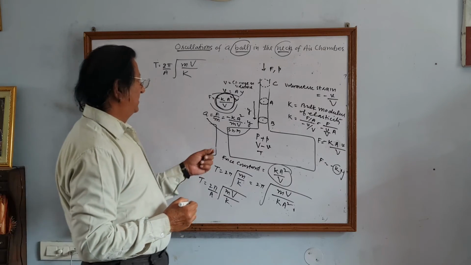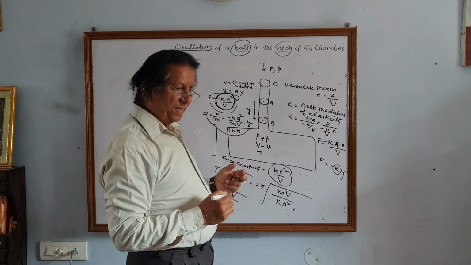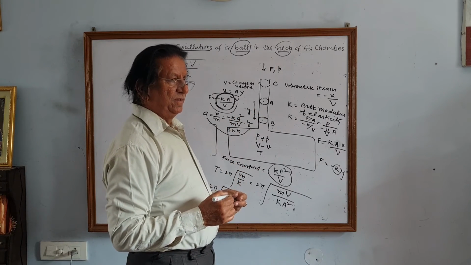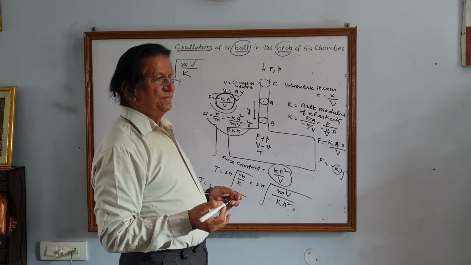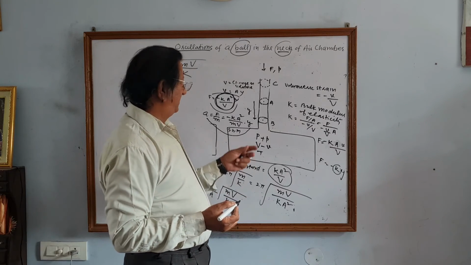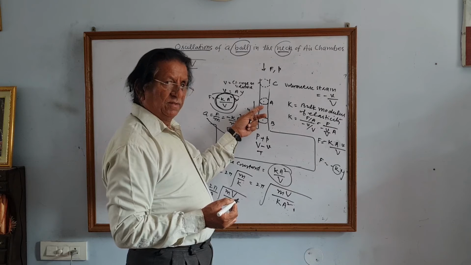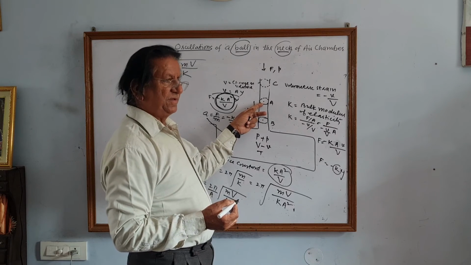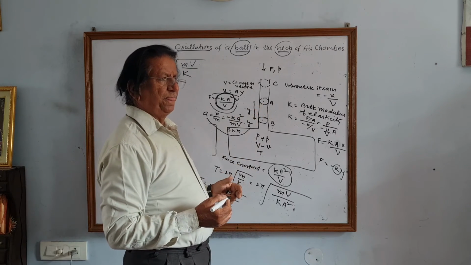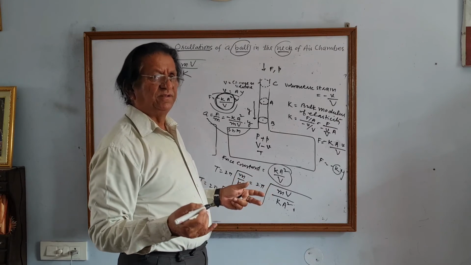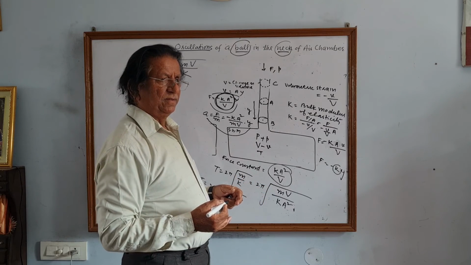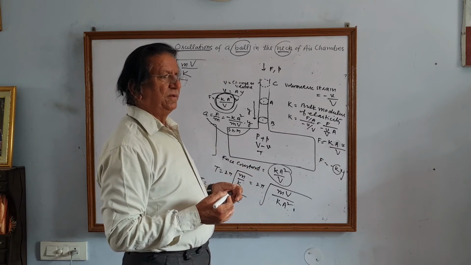Now the question is, is this phenomenon isothermal or adiabatic? If this ball is displaced from its mean position slowly, so that there is no change in temperature, then this process will be taken as isothermal.